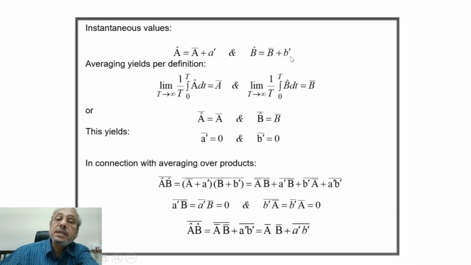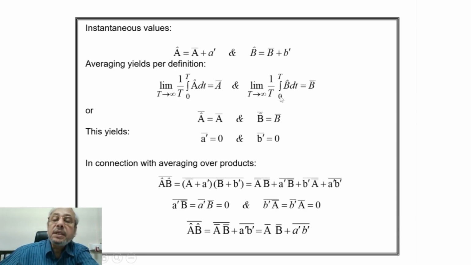This is average, this is fluctuation, this is average, this is fluctuation. Averaging yields per definition 1 by T integral 0 to capital T of A hat dt equal to A bar.